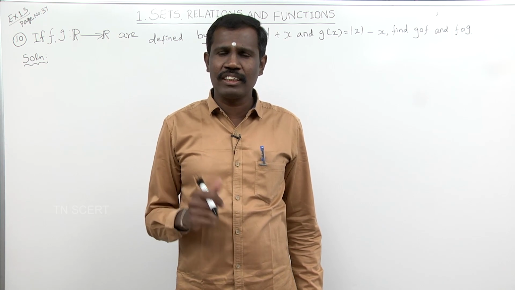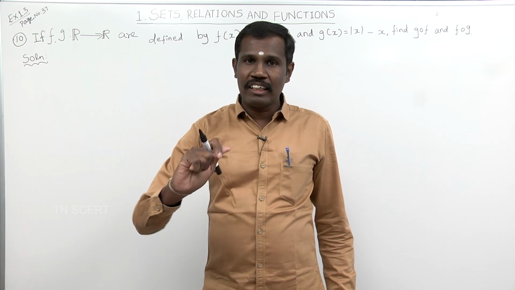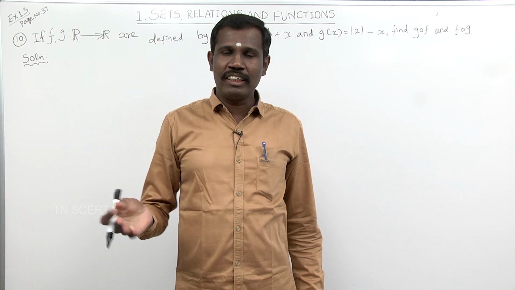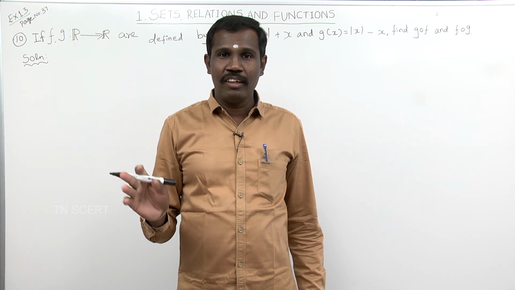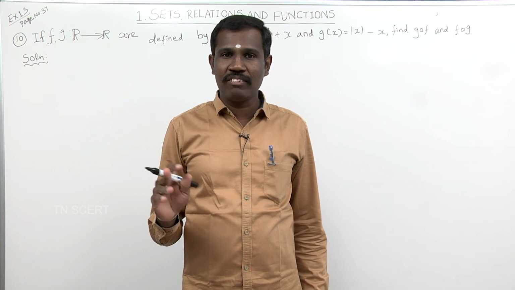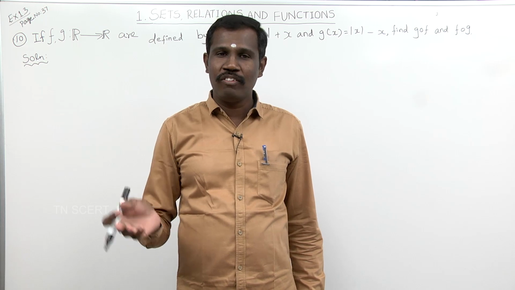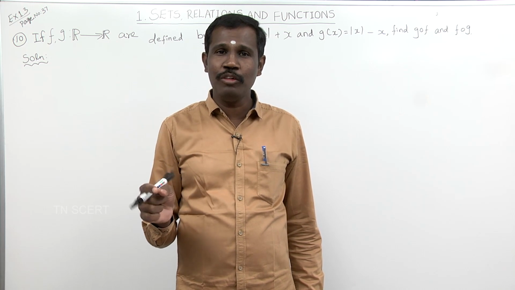The modulus function is defined as, for x greater than or equal to 0, it is simply x. Whenever x is negative, that is whenever x is less than 0, the value of modulus of x is equal to minus x.